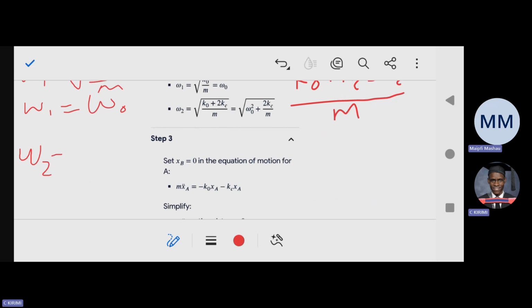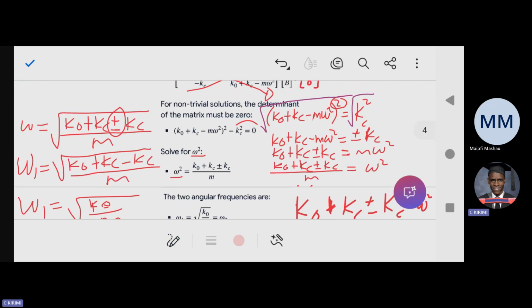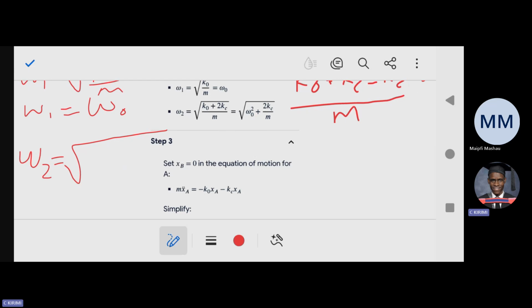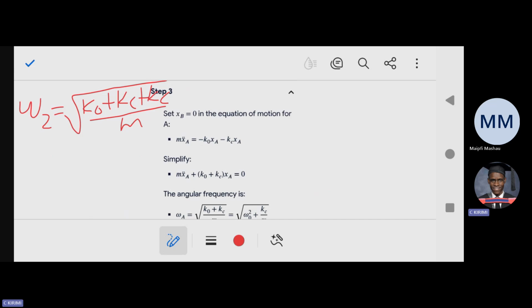So W2 is going to be the square root of K naught plus Kc plus Kc. In your working, you must indicate it: K naught plus Kc plus Kc, everything over M.